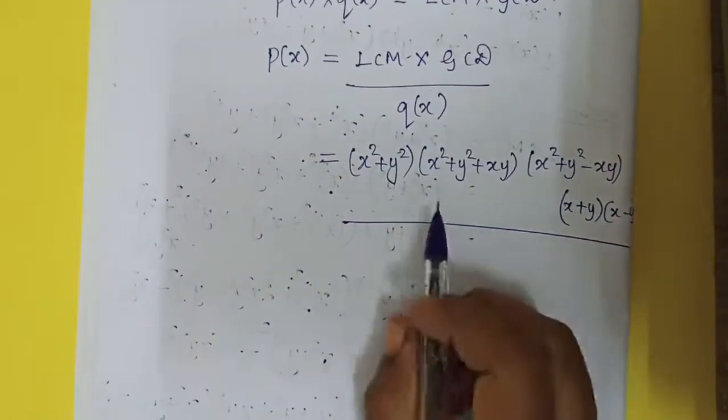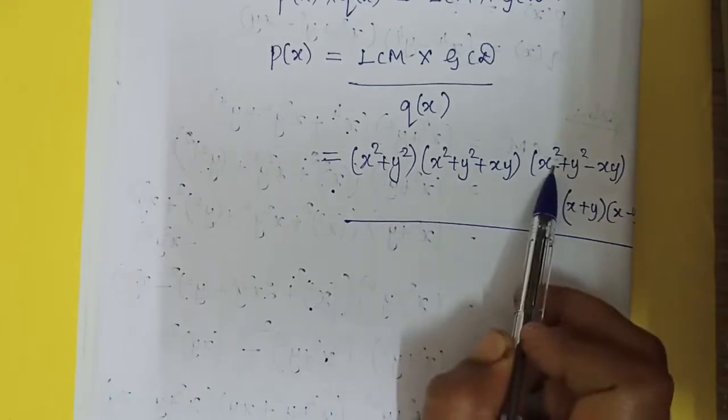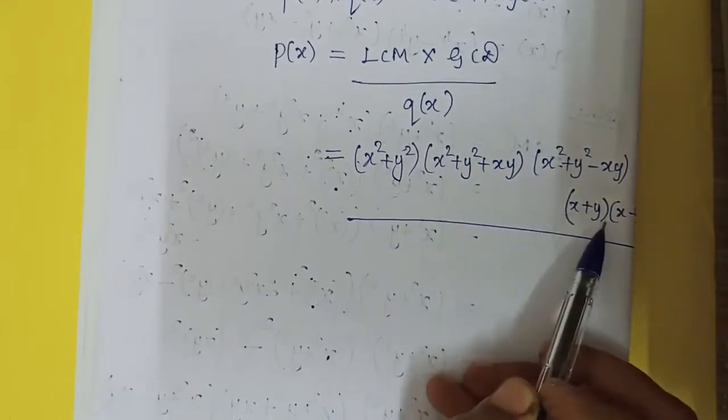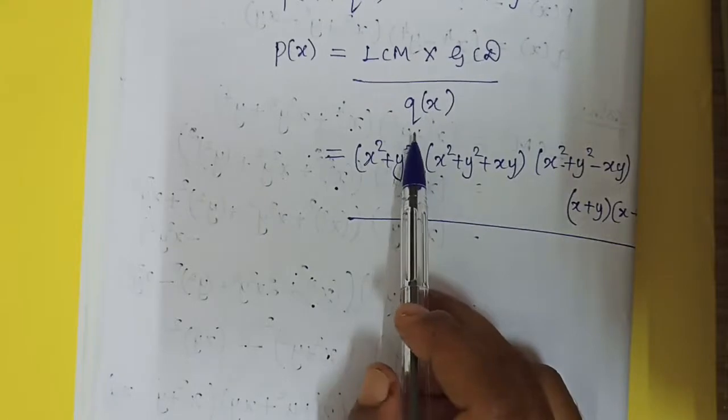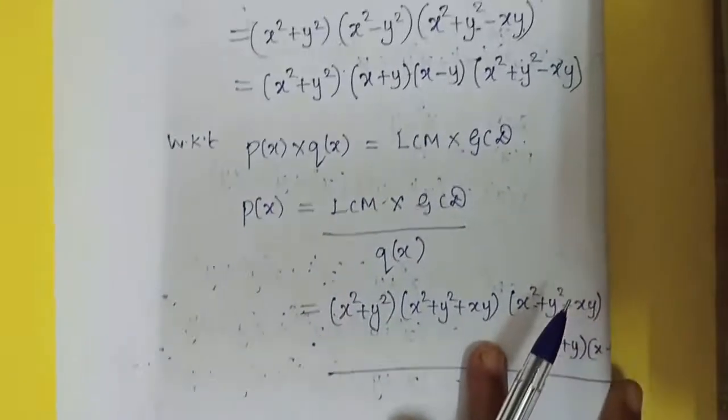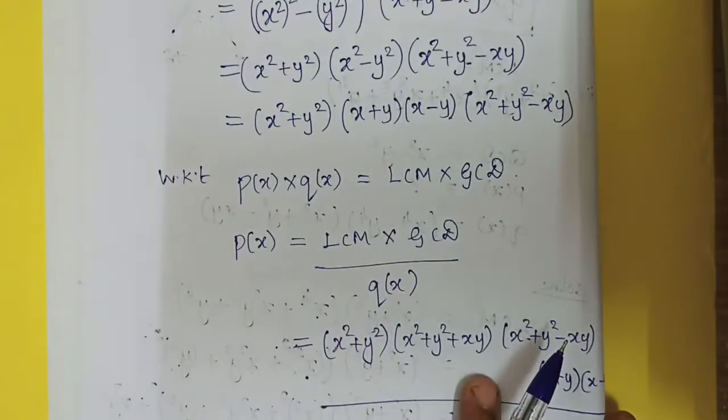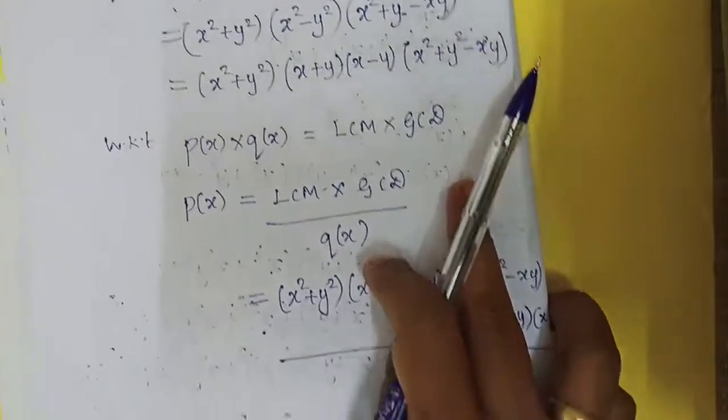Listen, the LCM value I have written, these three terms are the LCM value and the last two terms are the GCD value. Now I will write the q(x) value. So q(x) has these four values, correct? I will write that also.